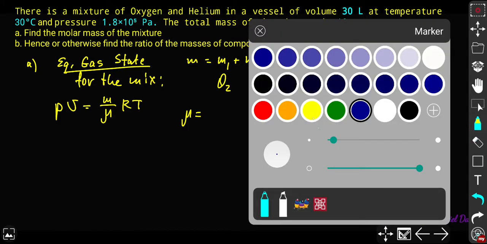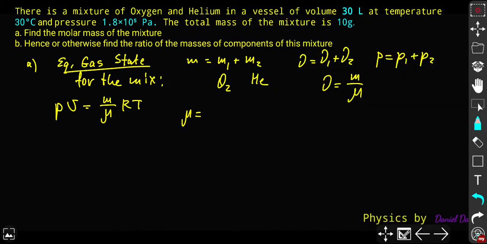So we have a total mass of 10 grams. We have a volume, which is 30 liters. We can convert it into cubic meters: 30 times 10 to the negative 3. That's how we will use it in cubic meters right now.